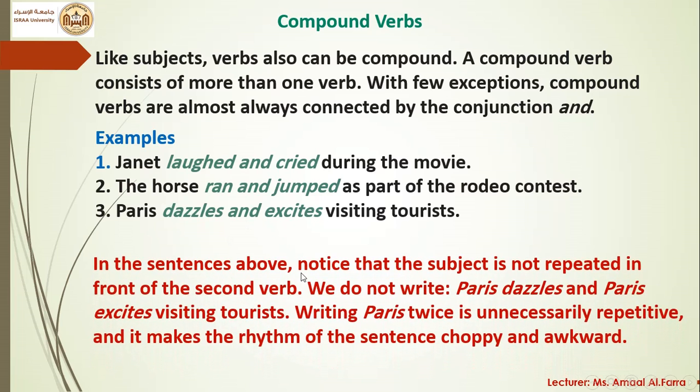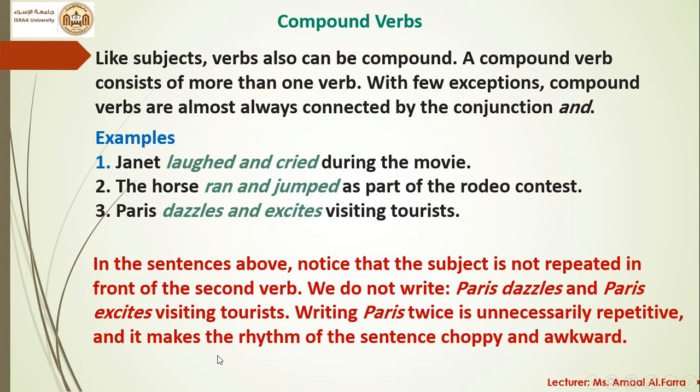In the sentences above, notice that the subject is not repeated in front of the second verb. That means I don't say Paris dazzles and Paris excites. Okay, we do not repeat the subject before each verb. Writing Paris twice is unnecessarily repetitive, okay?